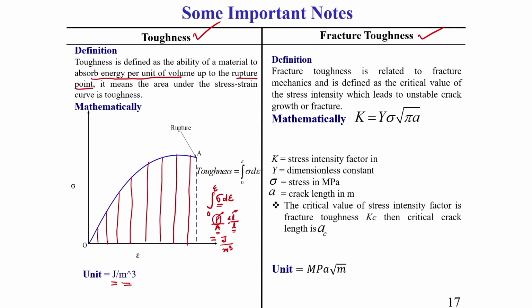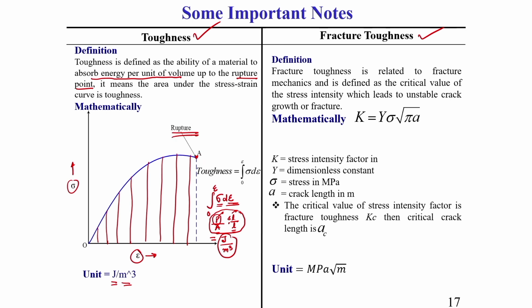Force into distance, just for your understanding, I am writing this, and from this equation itself you can get the idea how joule per meter cube comes, because toughness is the area under the stress strain curve till the rupture point.